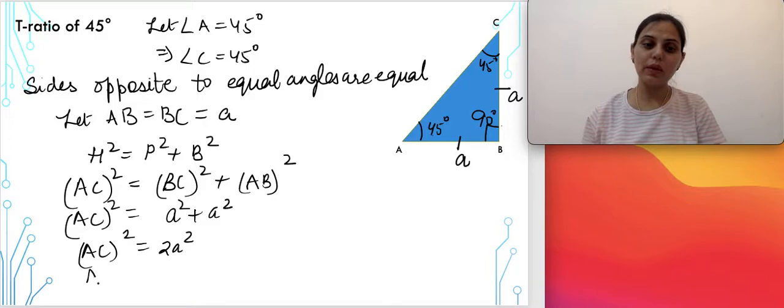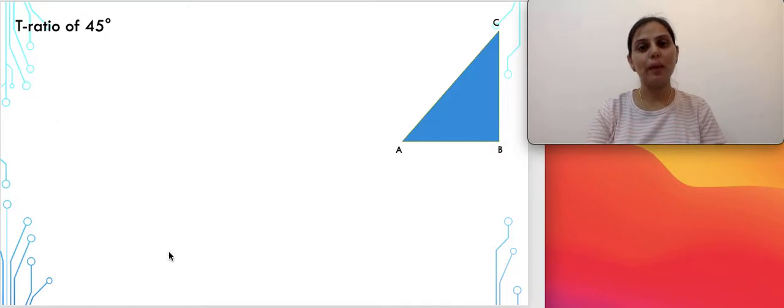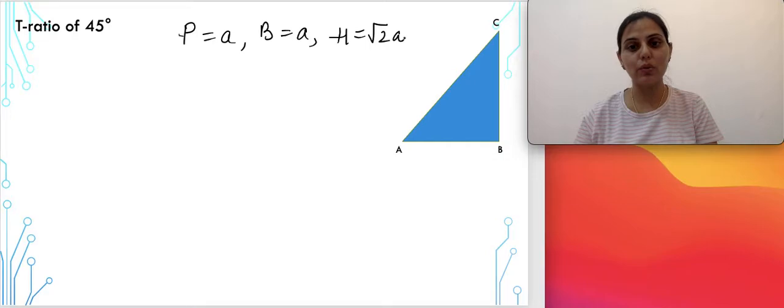This gives us the value of AC as square root 2A. So now you know the value of perpendicular, base and hypotenuse. Perpendicular is A, base is also A, and hypotenuse is square root 2A.